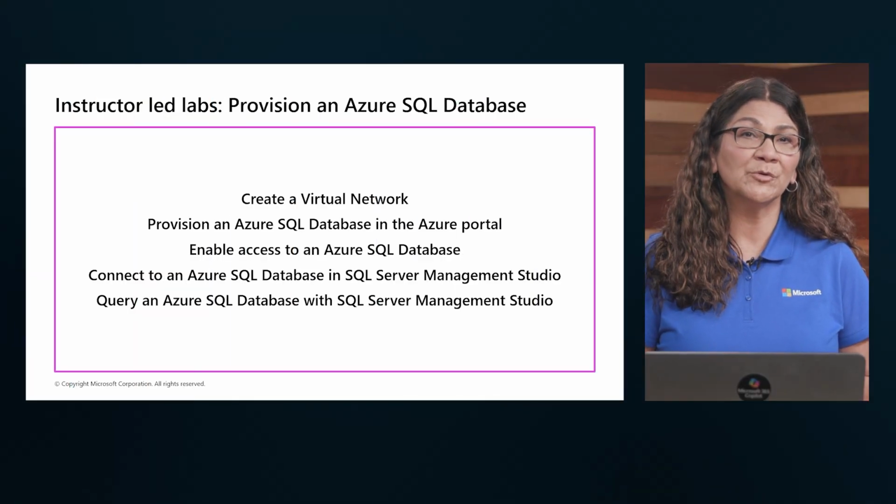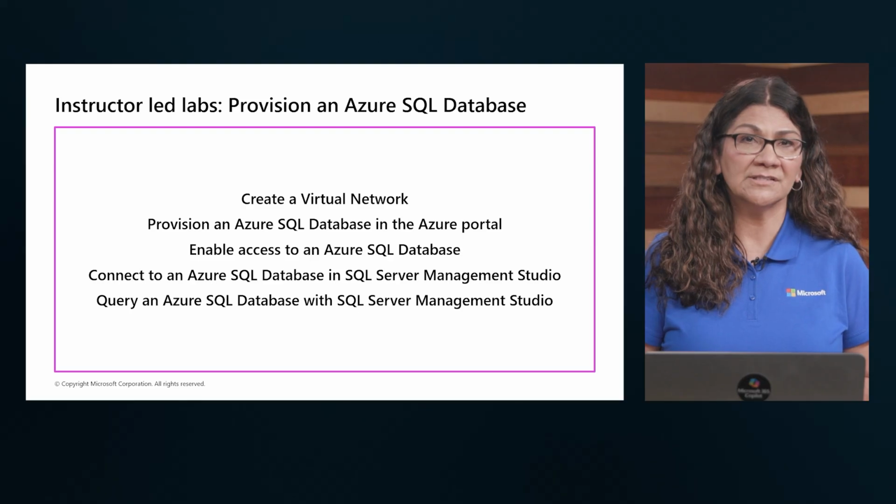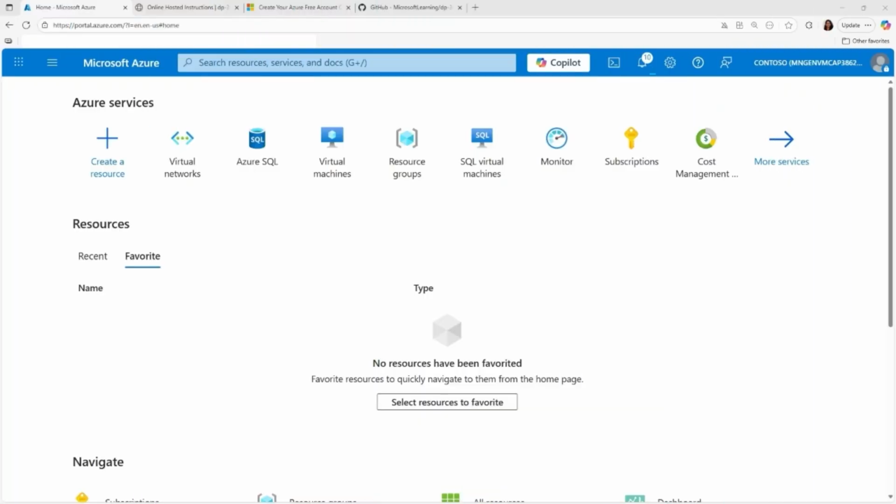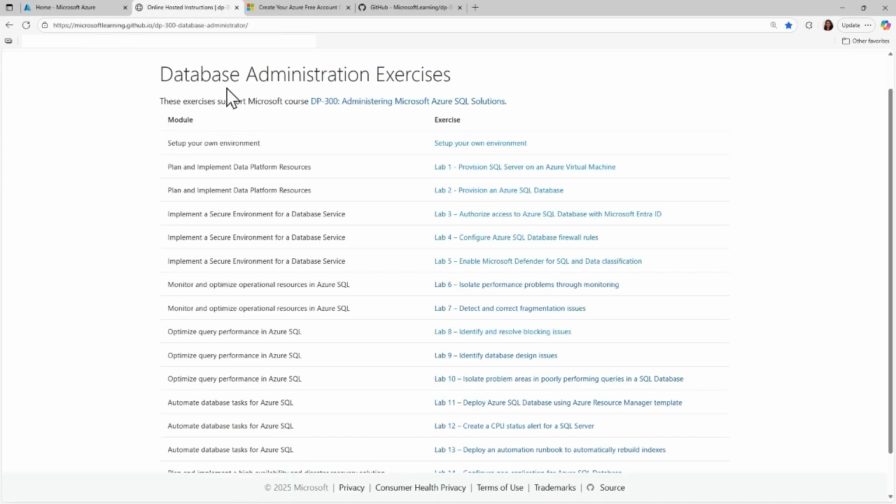Now let's see how to provision an Azure SQL database. So welcome to our section on how to provision an Azure SQL database. The lab navigation we're going to do does have some lab files you can use. As you may remember from our first lab, we did one that was available here off of our Microsoft Learning.